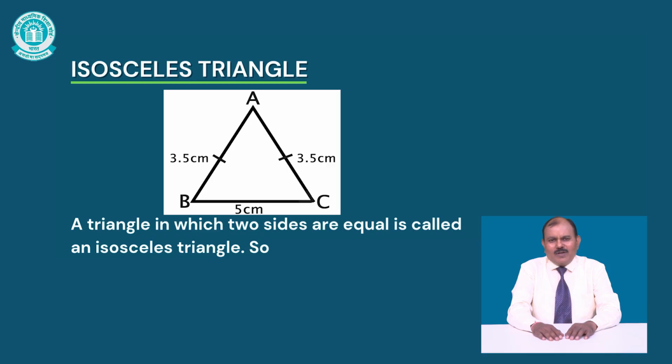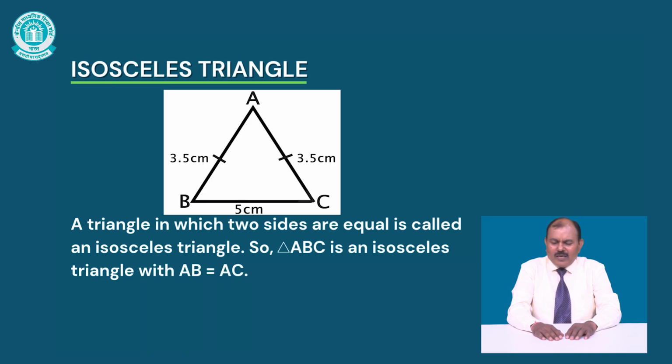So, triangle ABC is an isosceles triangle with AB equals AC. Now, let us measure angle B and angle C. What do we observe? We observe that in each such triangle, the angles opposite to the equal sides are equal.